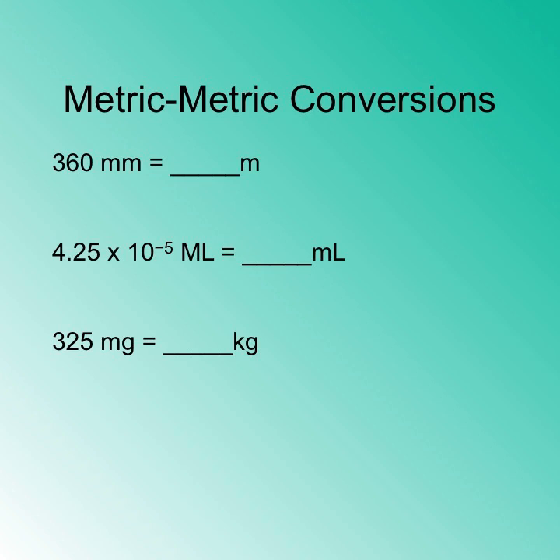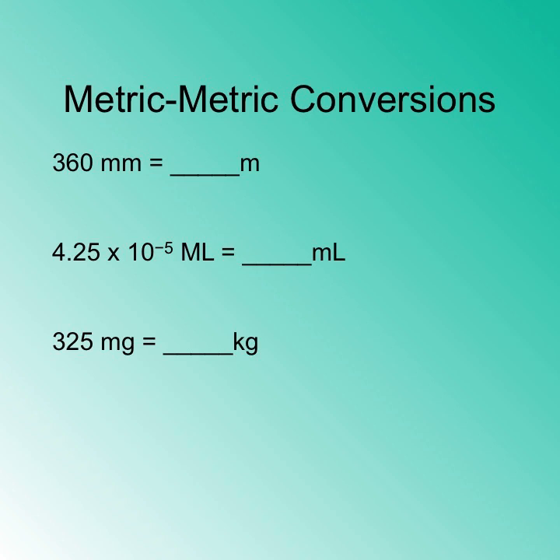So at this point, you should have 360 millimeters times 1 meter divided by 1 times 10 to the third millimeters. Notice your millimeters will divide out, and you will end up with 3.60, if you want to have 3 significant figures, times 10 to the negative first meters, or if you want it in regular notation, that's fine, 0.360 meters.